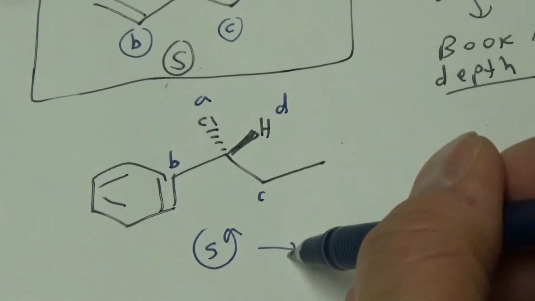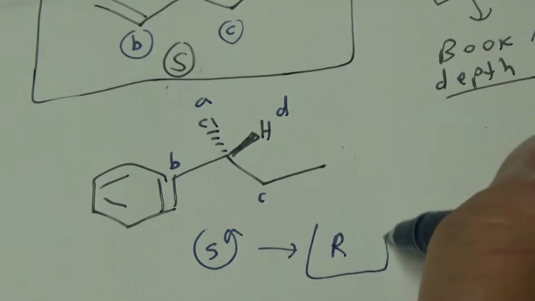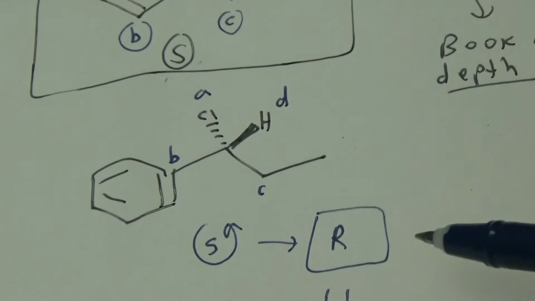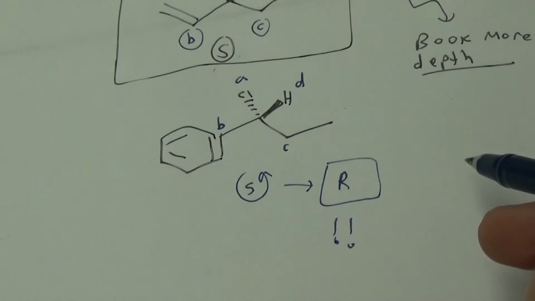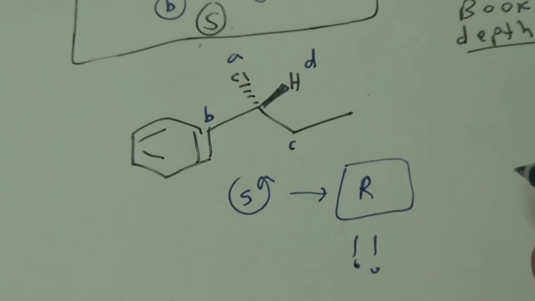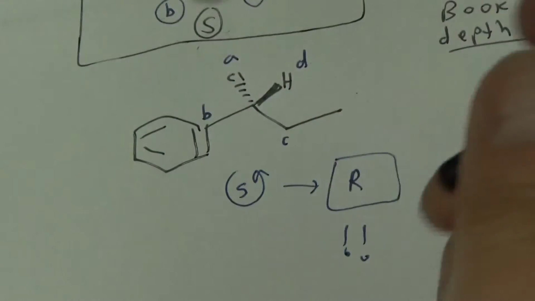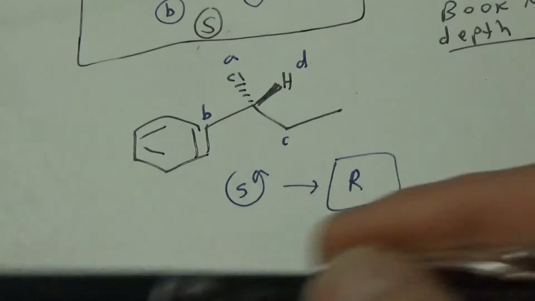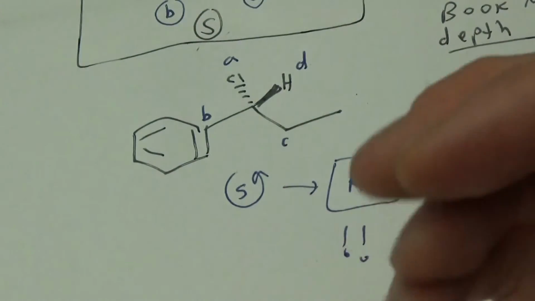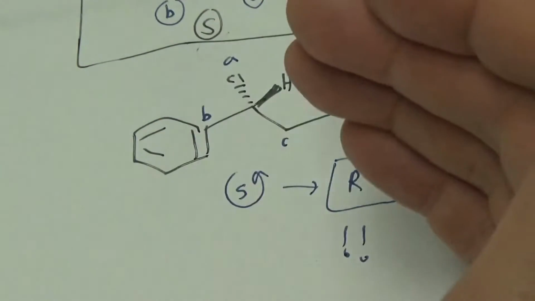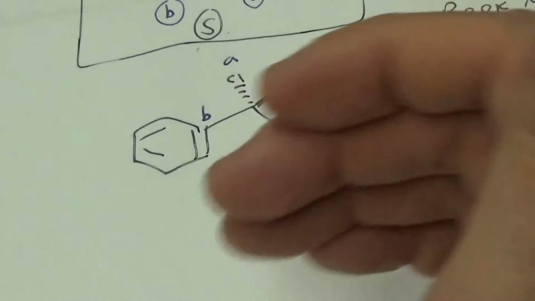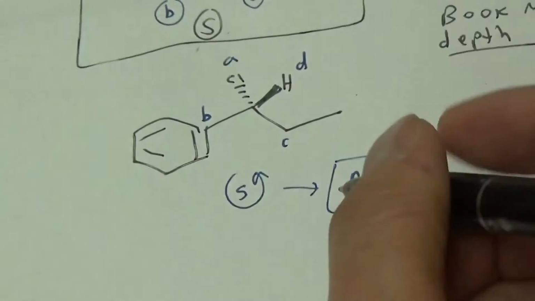It would actually make the final answer R. Remember how we did that rule? Alternatively, I can use my right hand, because I think it is R. Let's check. Point my thumb towards myself, and then I wrap my fingers and I see A, B, C, A, B, C. Right hand, R. So yes, it's R.